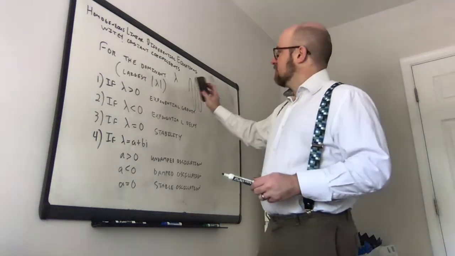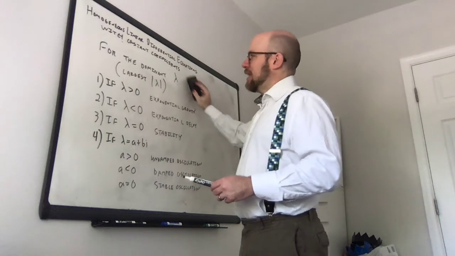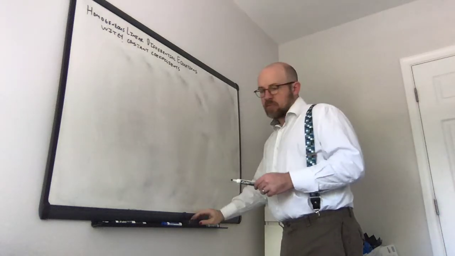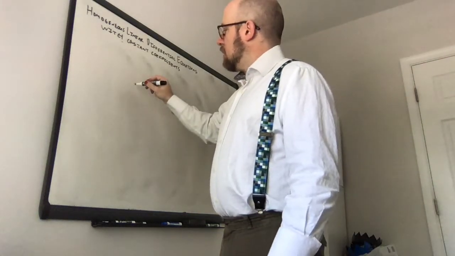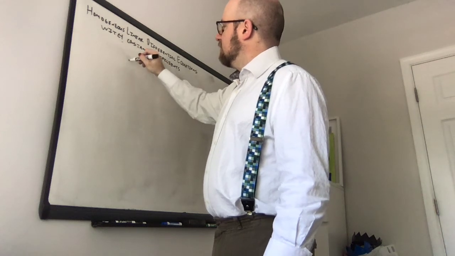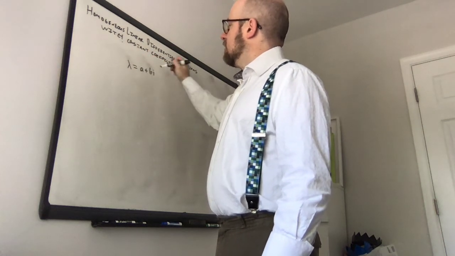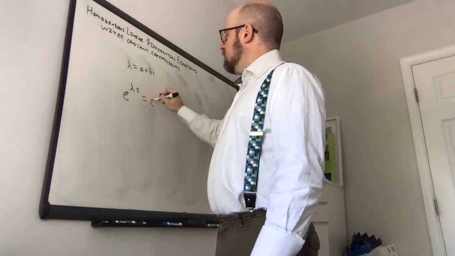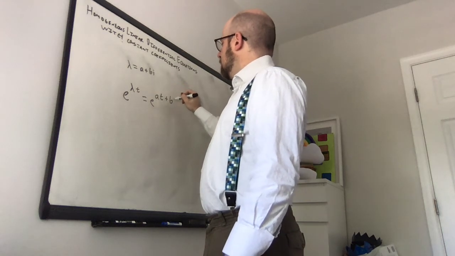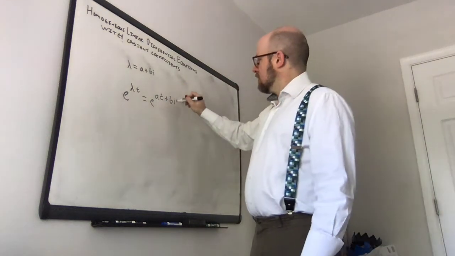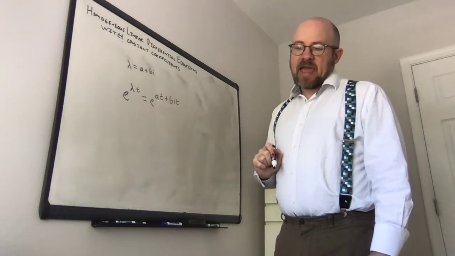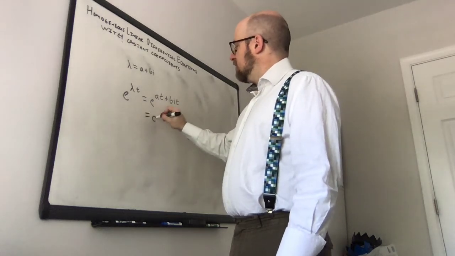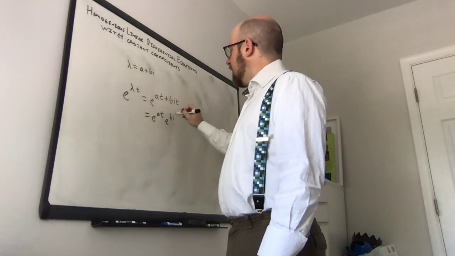Okay, and the reason for this kind of oscillation, which might seem strange, for those of you who've seen a little bit of complex numbers, you'll remember that if lambda is a plus bi, a complex number, e to the lambda t is going to be e to the at plus bit, right? And if you remember splitting this off, this becomes e to the at times e to the bit.